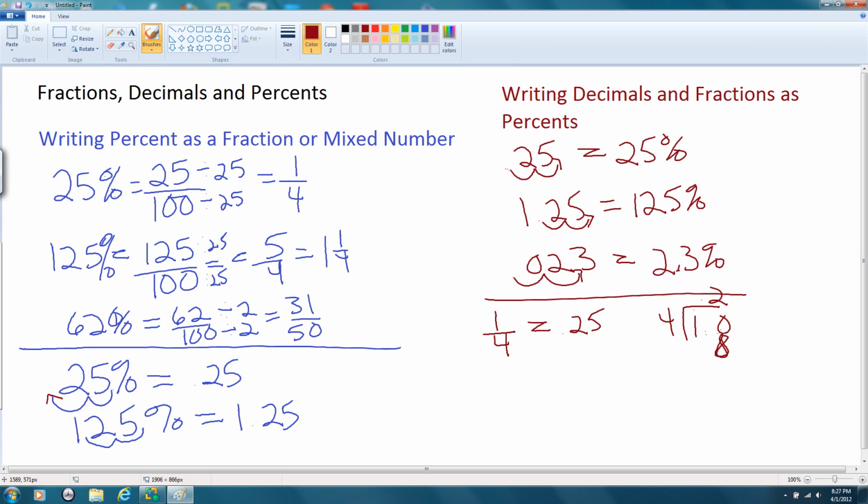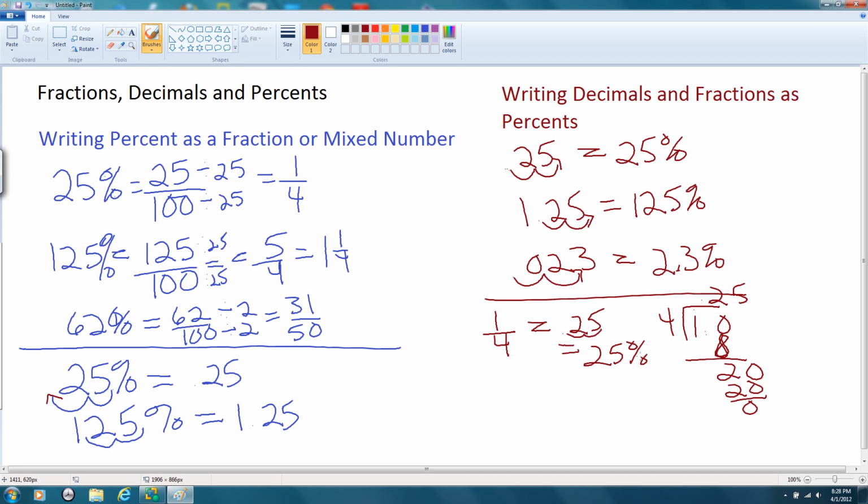That's an 8, and I get a 2 and a 0, bring down 0, and that goes in there 5. That's how I got 0.25, but it's really good to remember those. So it's 0.25, which is equal to, move it over twice, 25%.